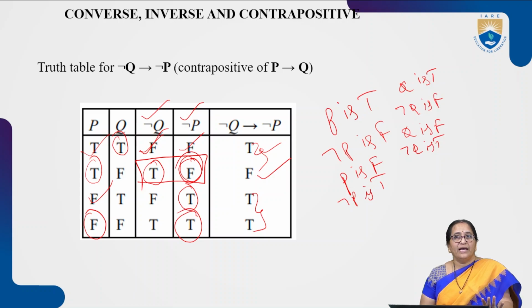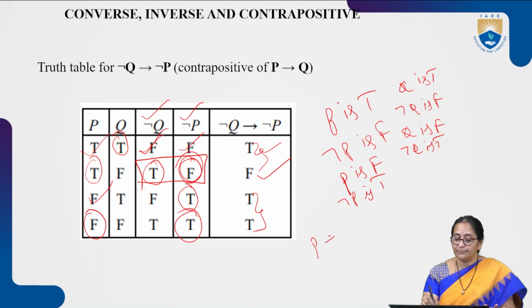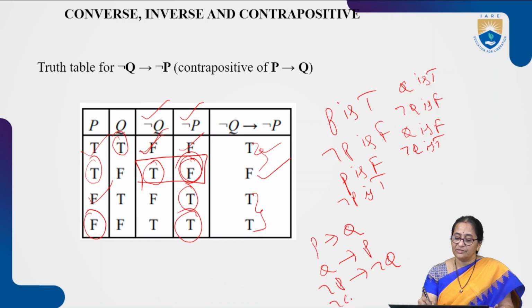In this we have 4 types of solutions. The first one is the P to Q condition, P is conditional to Q. The next one is Q to P. The next one is negation P to negation Q. The next one is negation Q to negation P. This is our regular expression.